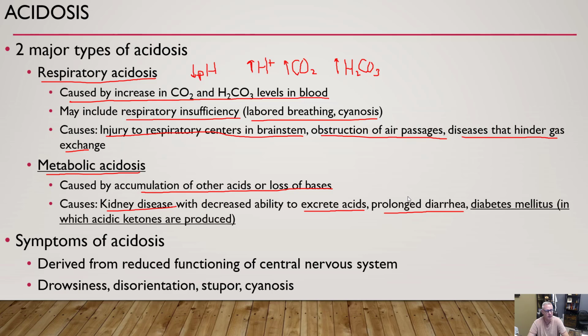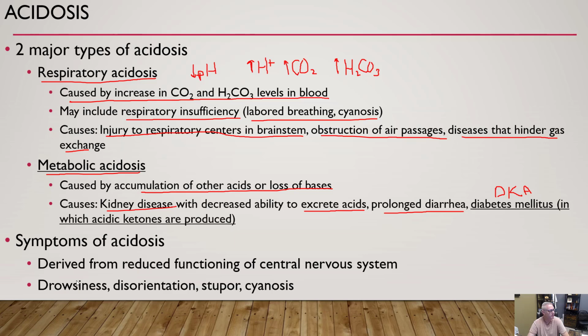If you've lost base, you have gained acid. You're keeping acids. Diabetes mellitus. If you've heard of diabetic ketoacidosis, DKA, acidic ketones are produced. That's a metabolic condition.